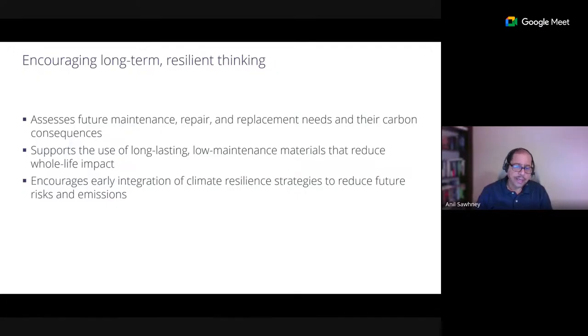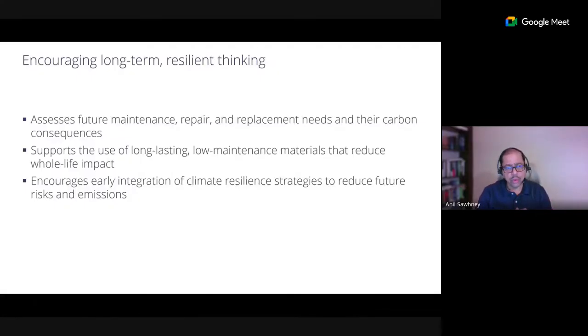Through WLCA, as we've been discussing, it helps push the industry towards long-term resilient whole life thinking. It helps you assess future maintenance, repair, and replacement needs and their carbon performance, because no longer are you making material selections and decisions by just looking at the construction phase.